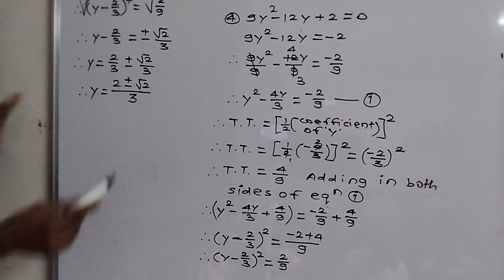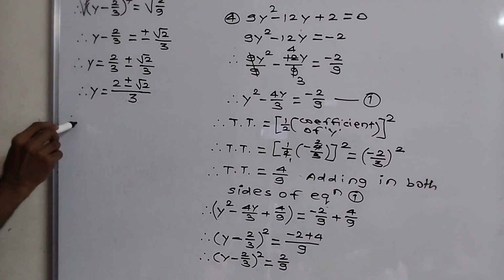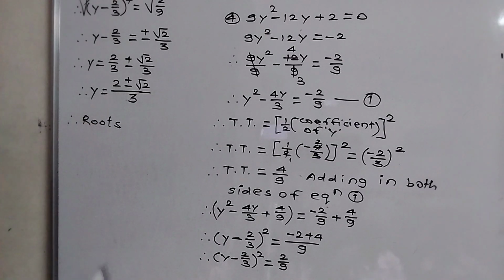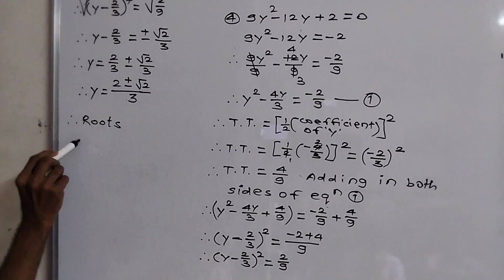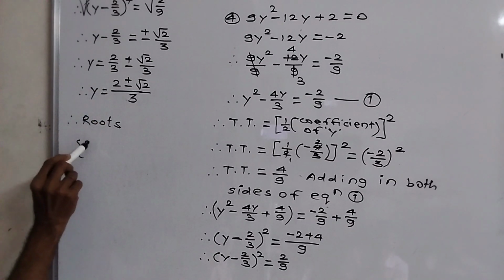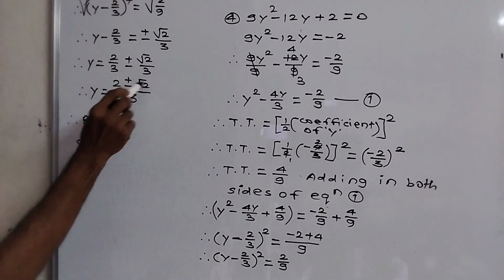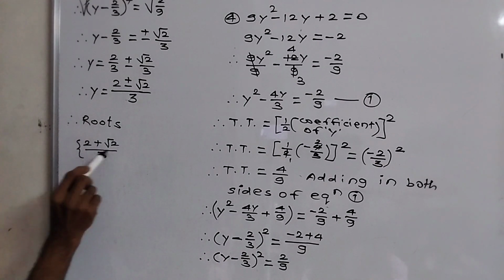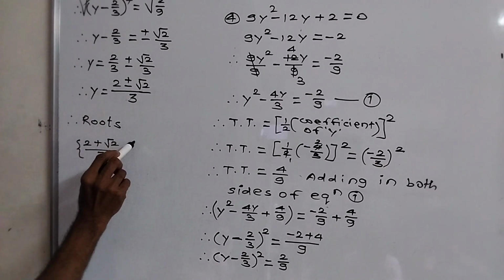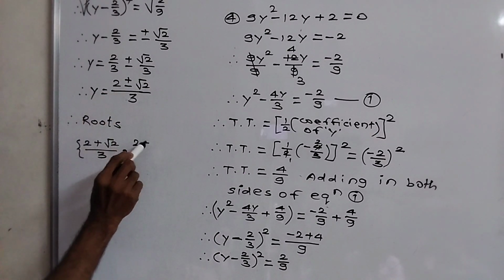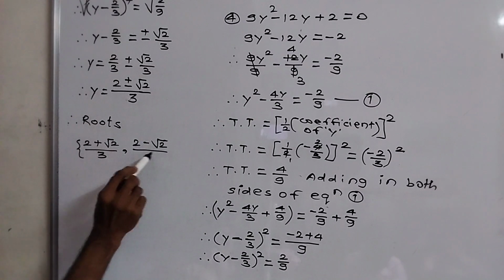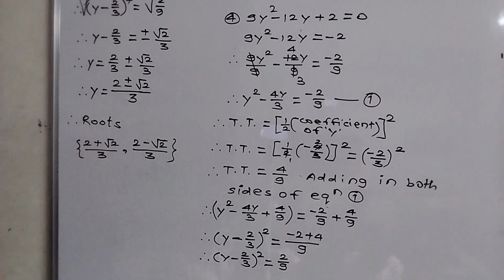Did you understand? Now these are our two roots. Therefore, roots of the given quadratic equation: first we take plus, 2 plus root 2 upon 3. And secondly, we take minus, 2 minus root 2 upon 3. Did you understand?